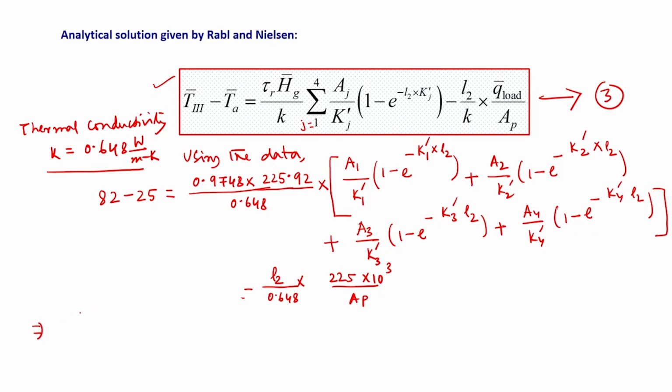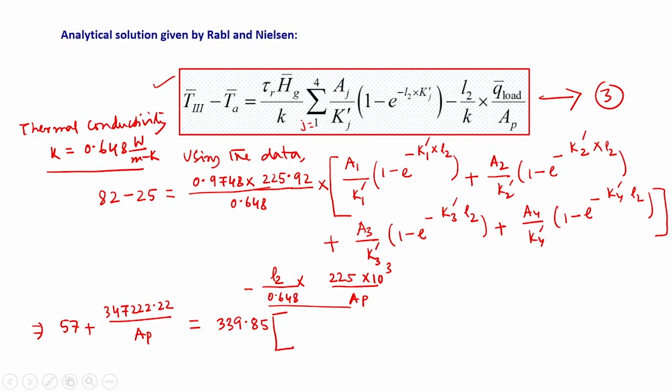So, 82 minus 25 is 57, then we can take this part to this side and we can do the simplification, then what we will get is something like 34722.22 divided by AP is equal to, and if we simplify this, this value will be about 339.85. Okay.